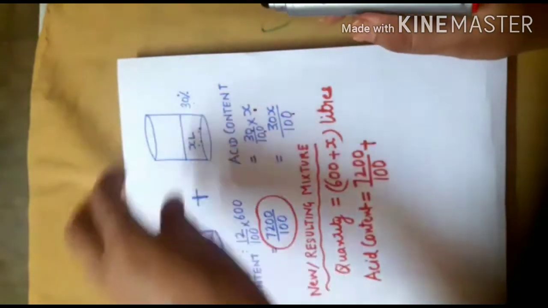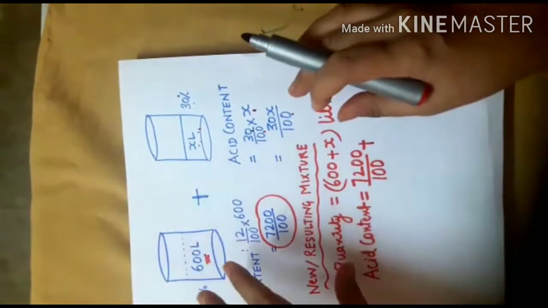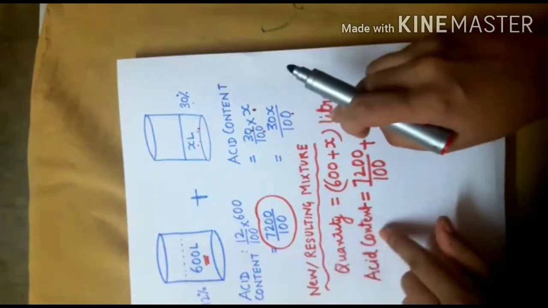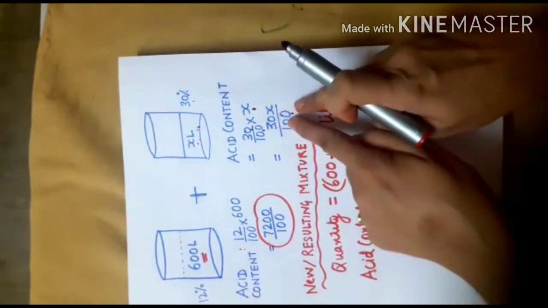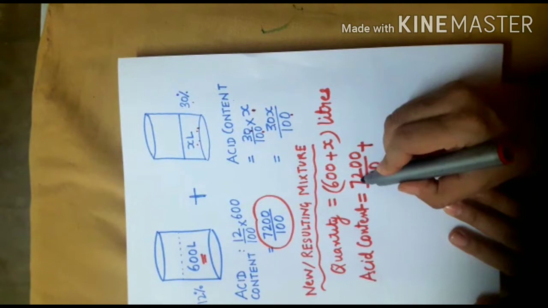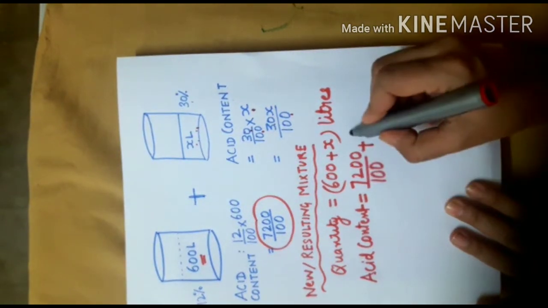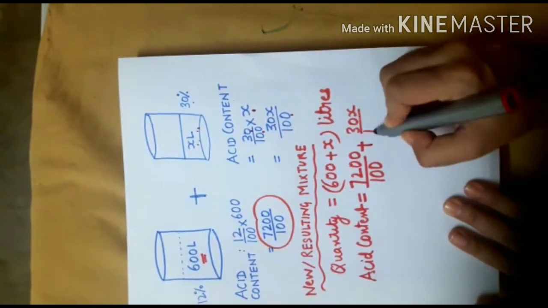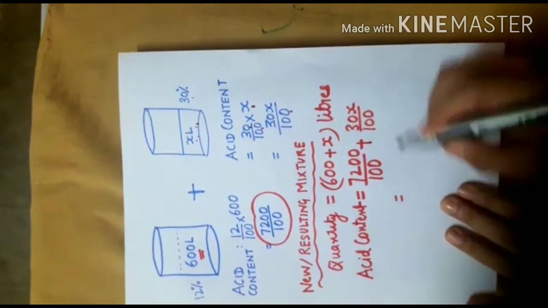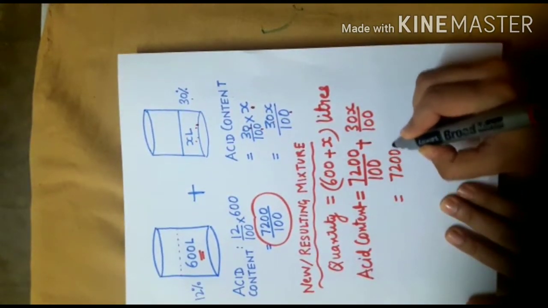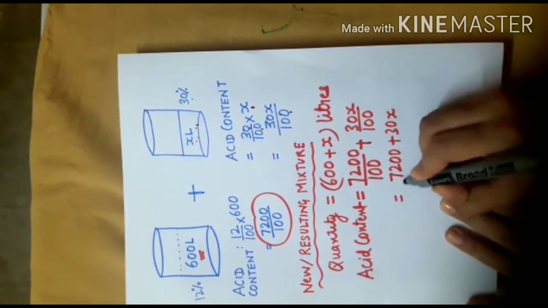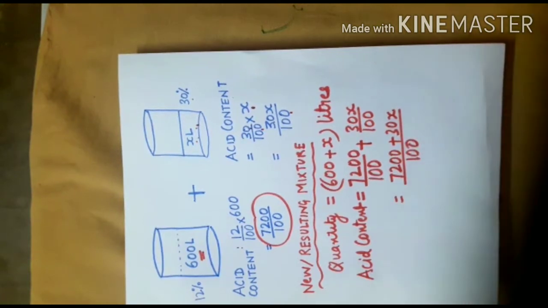So total acid content in the mixture will be 7200 over 100 plus 30x by 100. So it is 7200 plus 30x over 100.